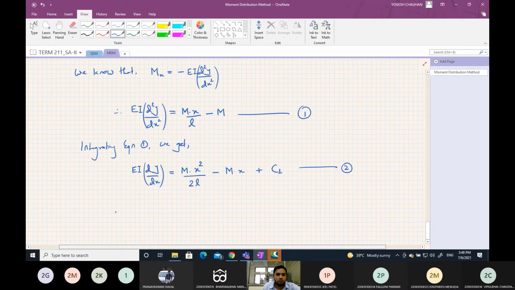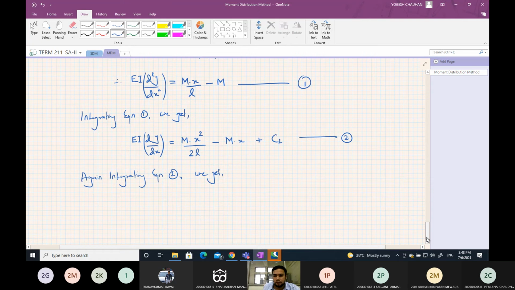Again integrating equation number 2, we get EI y equals to m x cube by 6L minus m x square by 2 plus c1x plus c2.